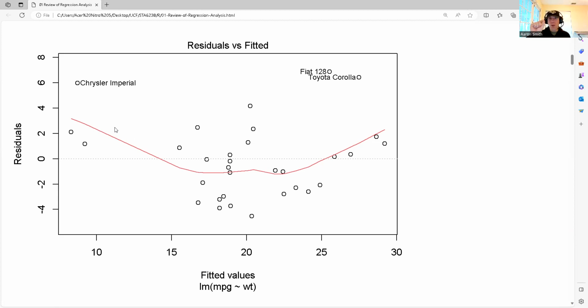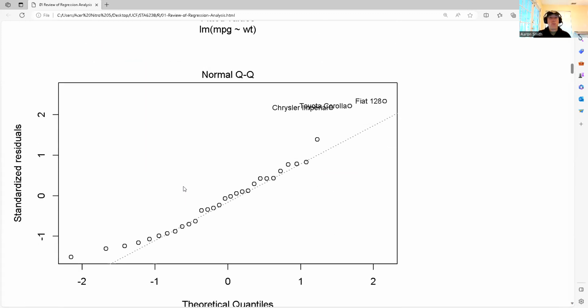If you were to move one data point, or add a point or delete a point, and that would change your interpretation, you don't see a pattern. That's a good rule of thumb. And so here, if I was to add a point, it would disrupt this U shape that I'm seeing. There's such little data here, I can't make a conclusion about the relationship between the fitted and residuals.